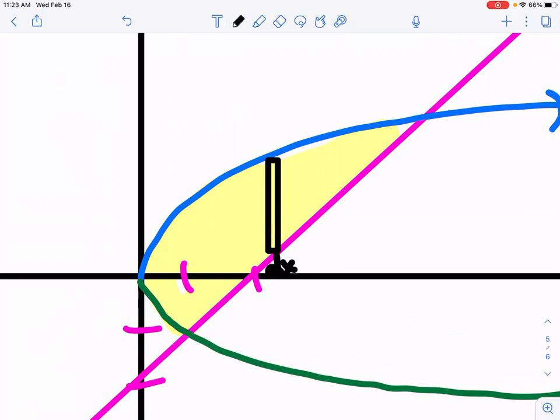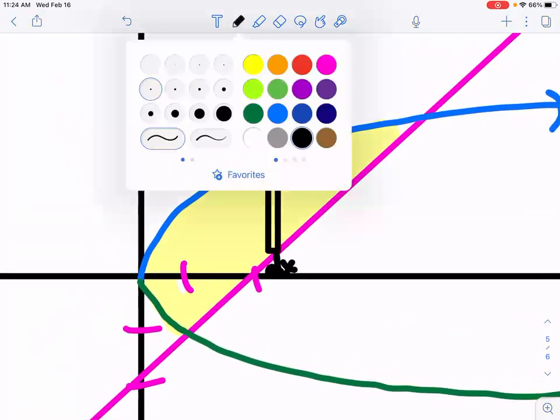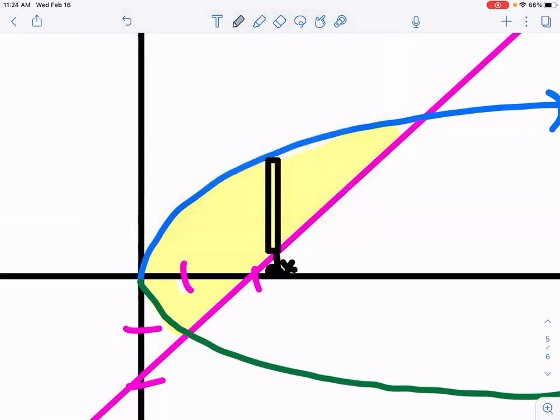When I draw this rectangle, our top function is the blue. Our bottom function is the pink. What about a rectangle that's right here? The bottom function is different, which means we are going to need two integrals, because right here, we're going to have to split it up.